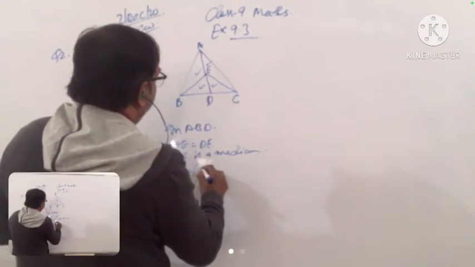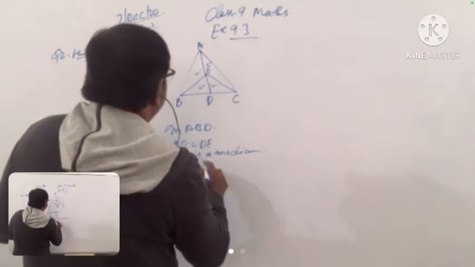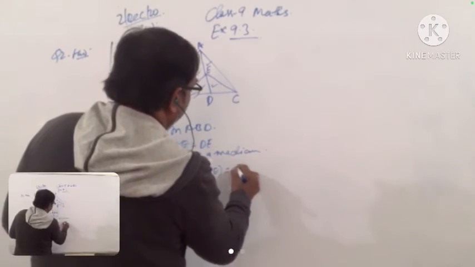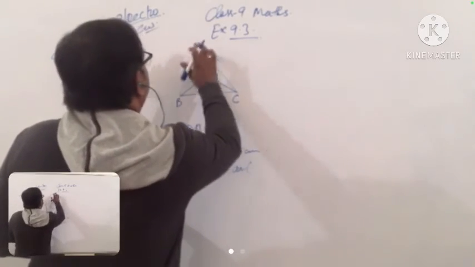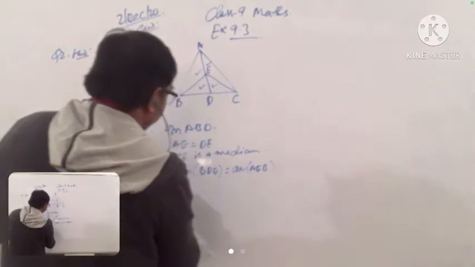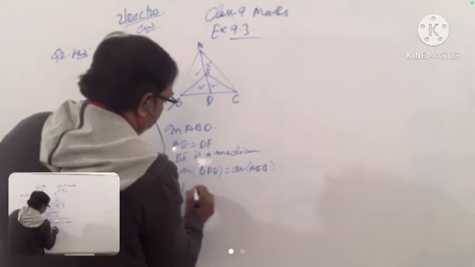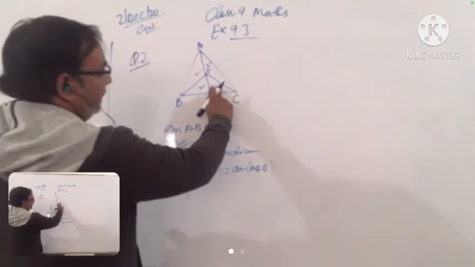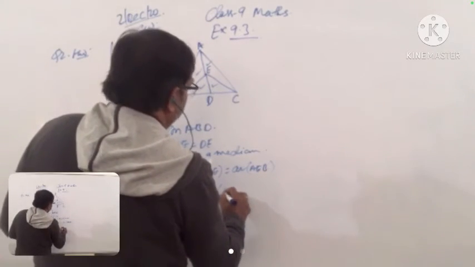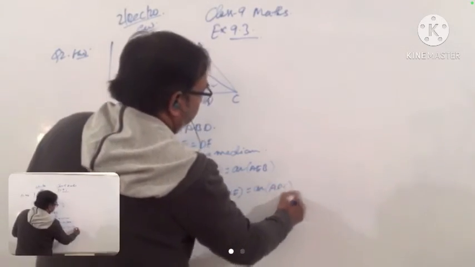So, area of BDE is equal to area of AEB. And after that similarly we can write, this area of DCE is equal to area of ADC.